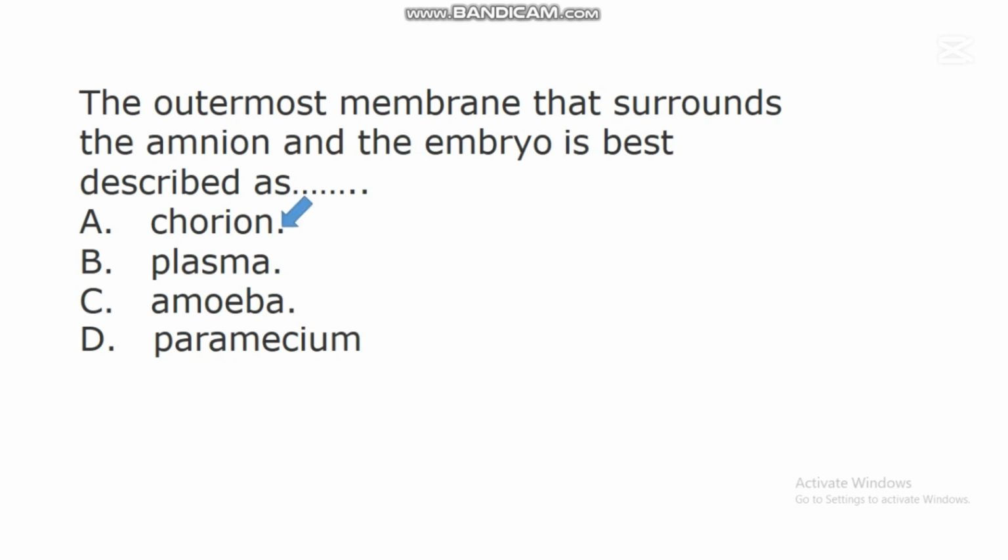This chorion is the outermost membrane that surrounds the amnion and the developing embryo in the uterus. It also protects this embryo and ensures that nutrients are supplied to this embryo.